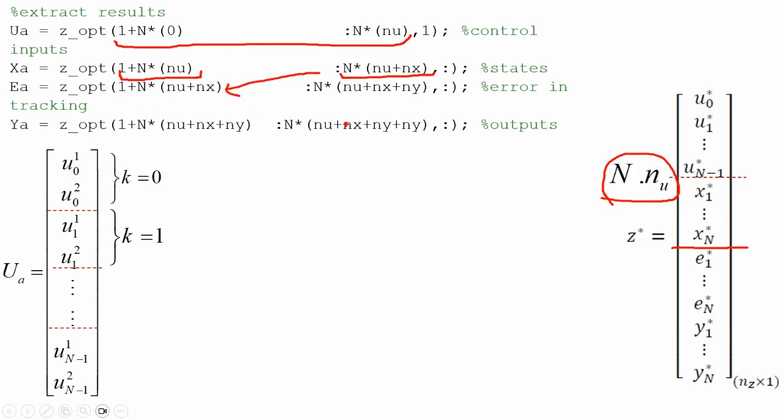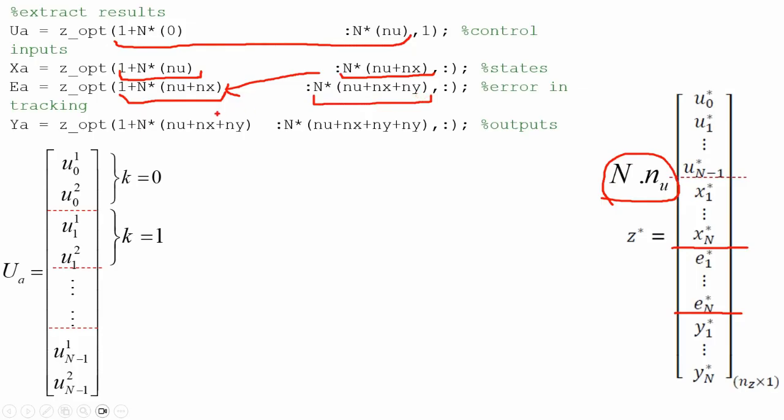The part for the errors, of course, starts from n_u plus n_x plus 1, the next row. And it goes all the way to this part plus this many rows, which is n_u plus n_x plus n_y here.